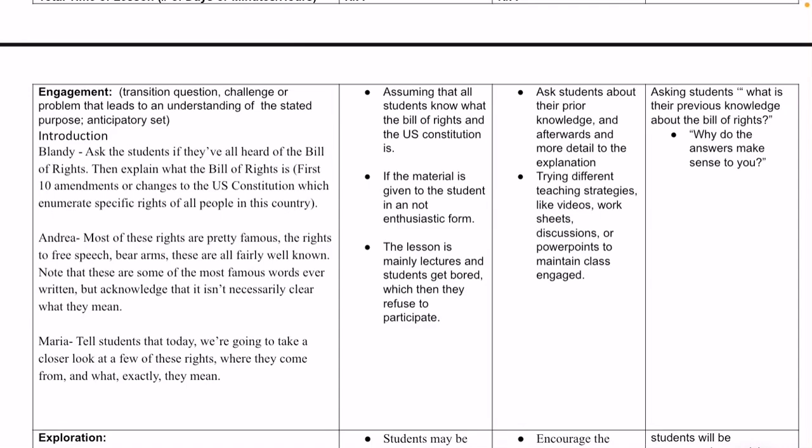And then we also had, if the material is not given to a student in an enthusiastic form, that can also affect how they perceive that information. And if our lesson is mainly lectures, students are going to get bored and they will refuse to participate. So it is very difficult to keep high schoolers entertained during a lesson.